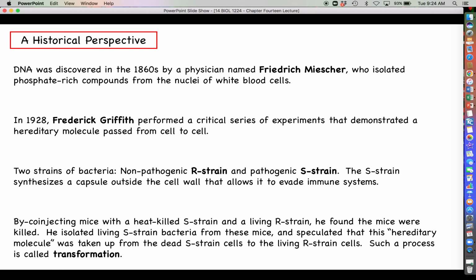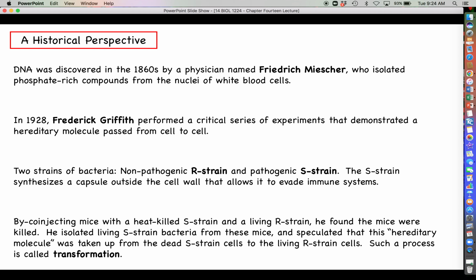So the conclusion that he came to is that, okay, there must be something about the dead S strain bacteria that is being passed on to the living R strain bacteria. And we know the living R strain bacteria just on their own are not going to kill the mice. The killed S strain bacteria just on their own are not going to kill the mice, but there's some synergy of injecting them together that actually causes the mice to die.